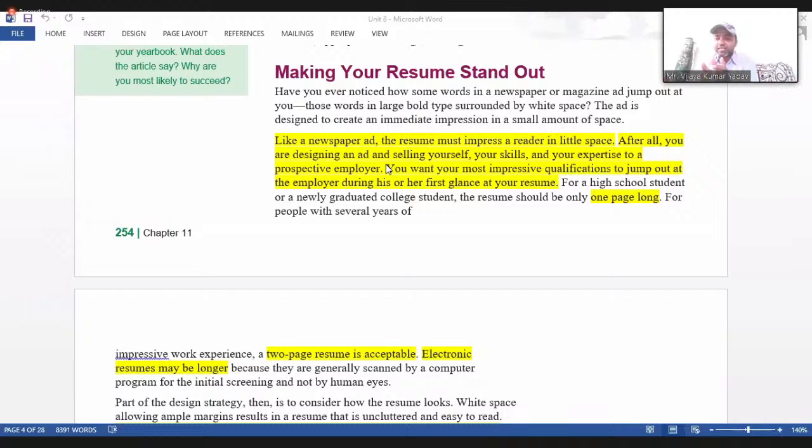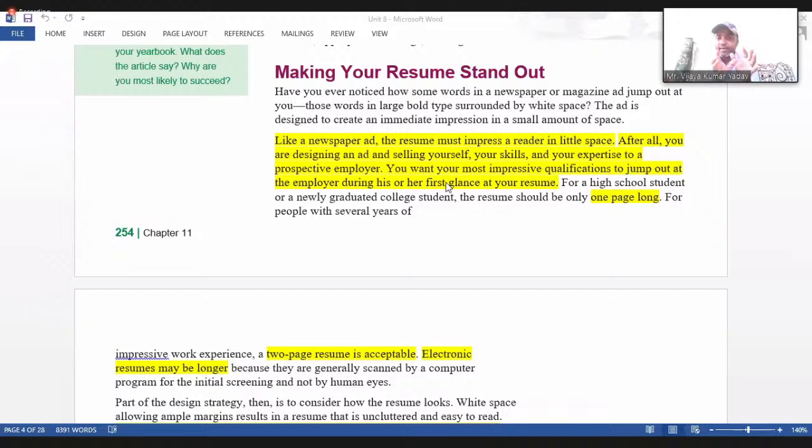You are the seller. You are selling all these skills and expertise to the employer.